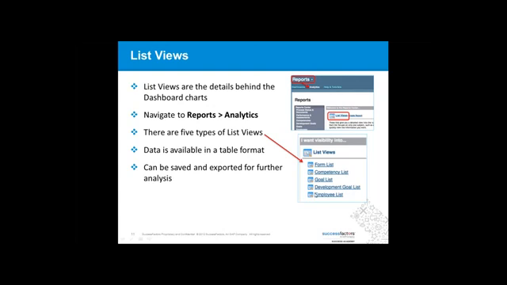These are the types of list view reports: form list, competency list, goal list, development list, and employee list. There are basically 5 types of list view reports, and data is presented in table format. It can be saved and exported as well.